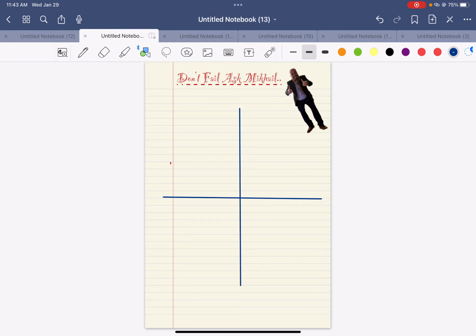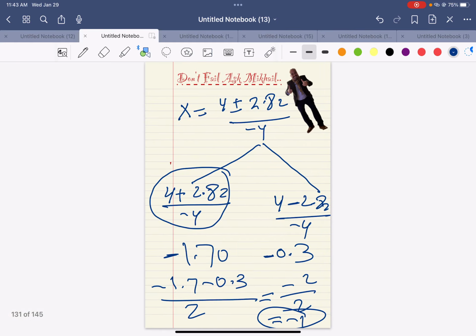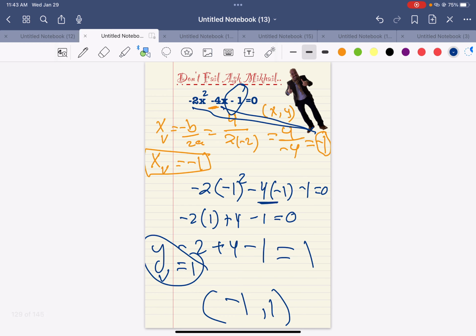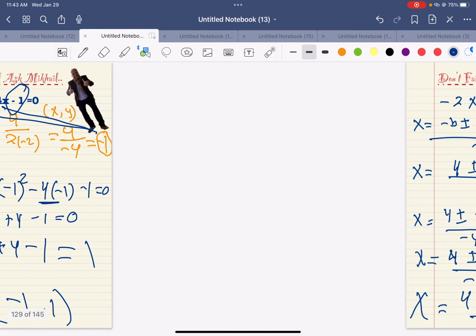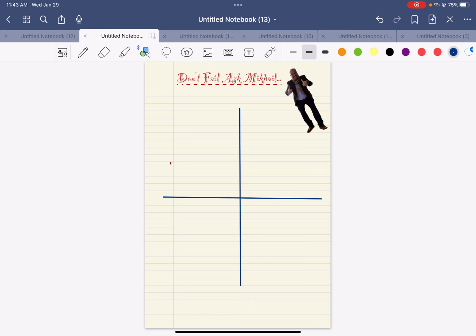All right, to graph, I have some points here. I have the vertex, which is negative 1, 1, the axis of symmetry at negative 1, the x-intercepts negative 1.7 and negative 0.3, and the y-intercept negative 1. So I plot the vertex at negative 1 and 1, and I also draw the axis of symmetry.